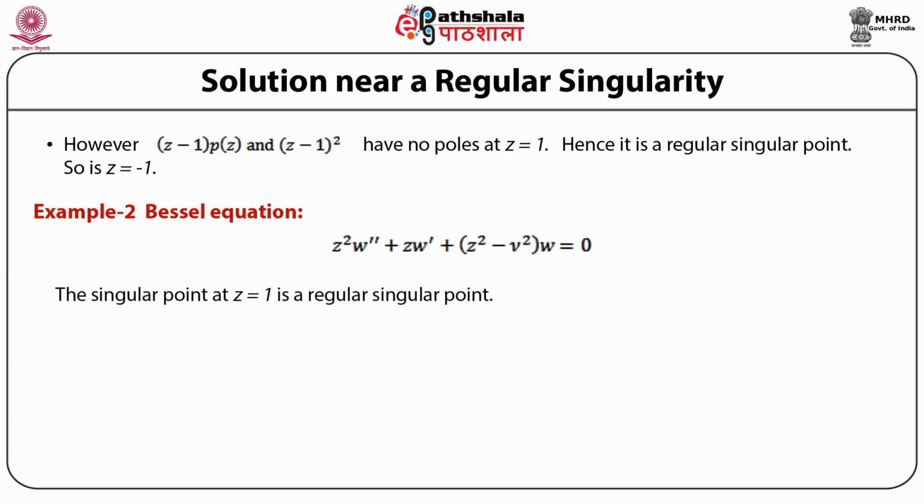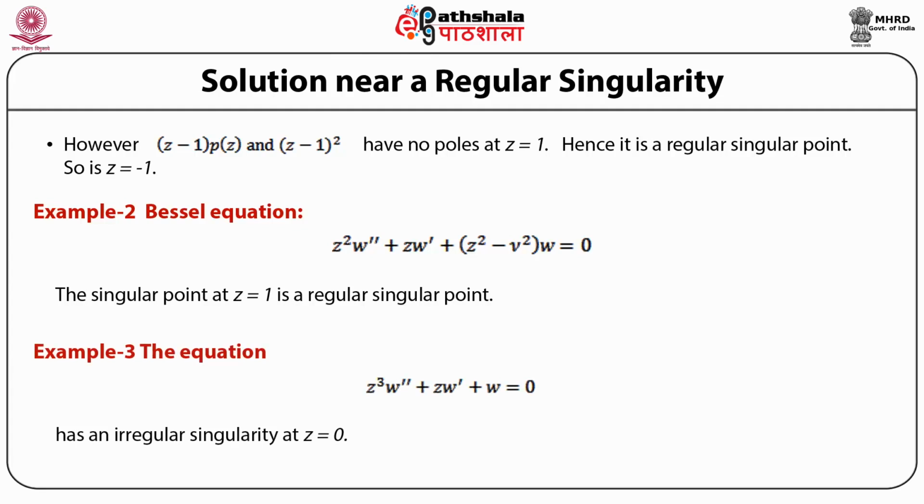The singular point at z is equal to 0 is a regular singular point. Another example is represented by the equation z cube w double prime plus z w prime plus w is equal to 0. The equation has an irregular singularity at z is equal to 0.